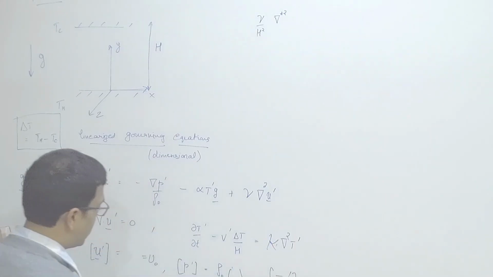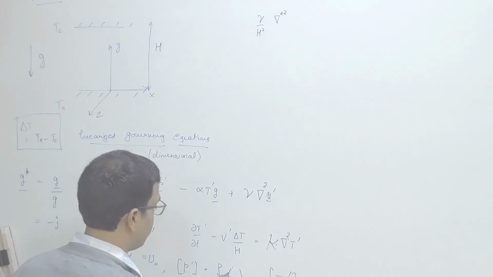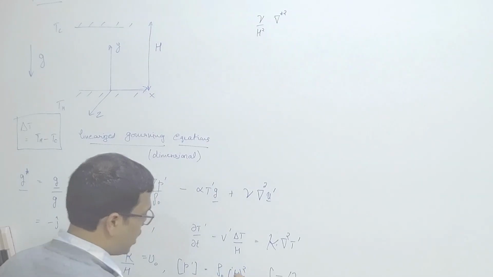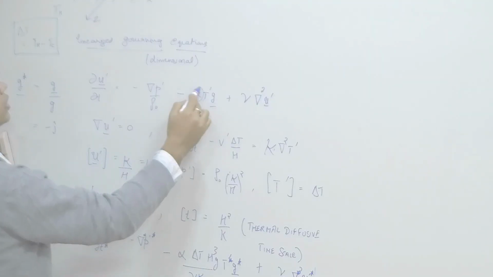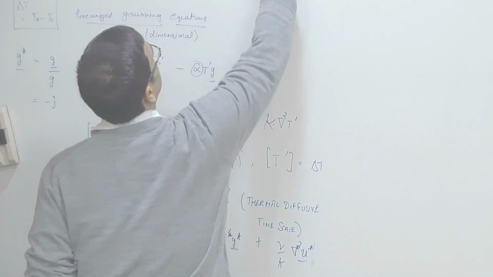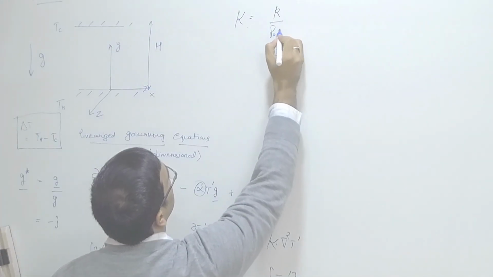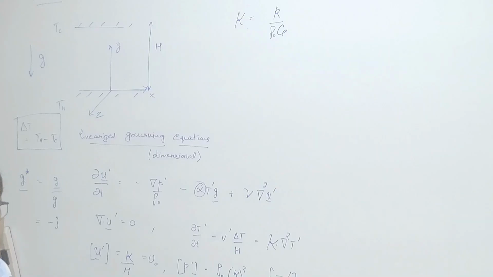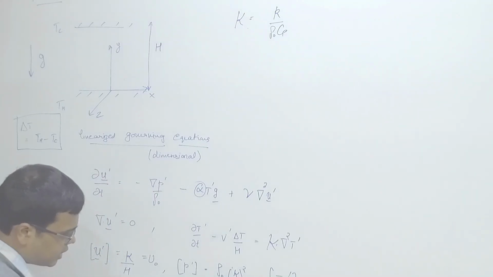We are calling it kappa in our problem, which is usually denoted by alpha, because I already have an alpha for the thermal expansion coefficient. So this kappa is actually thermal conduction coefficient by rho naught Cp. So nu by kappa is the Prandtl number, and here this is your Rayleigh number.